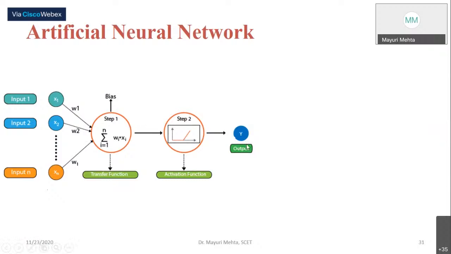For example, if the output received is above 0.5, the activation function may fire 1. If it is below 0.5, then it may fire 0, if it is a binary classification problem, where we get true, false, or 0, 1.